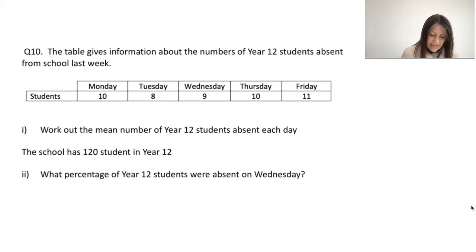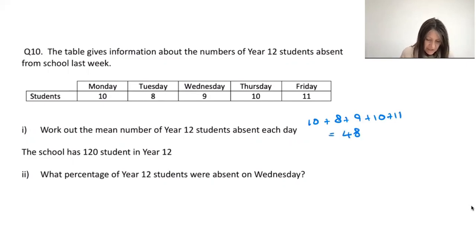Okay, so the table is giving us some information about Year 12 students that were absent from school. And we have to work out the mean number of Year 12 students that were absent each day. That's the first part of this. So we are going to add them together and divide by how many there are. So we have got 10 plus 8 plus 9 plus 10 plus 11. That all adds to 48.